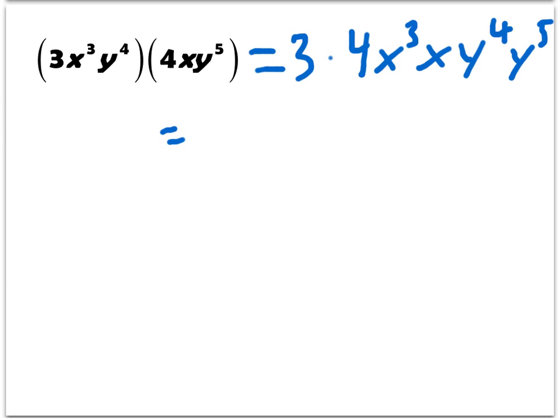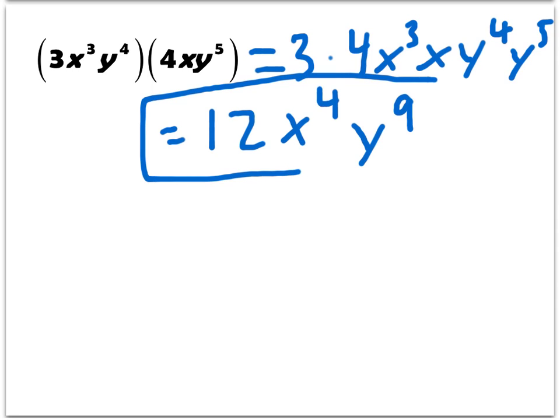And again, that's all justified by the commutative property. Now we can simplify things. 3 times 4 is 12. X cubed times x. Those have like bases, so we can add the exponents, x to the 4th, and then add the exponents here to get y to the 9th. So there we have a simplified equivalent algebraic expression.